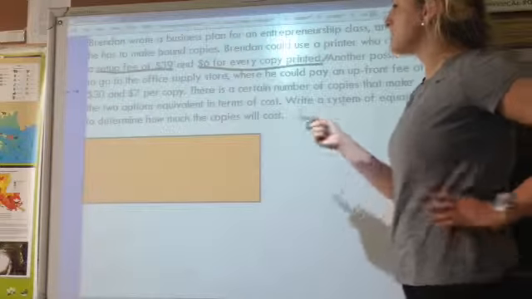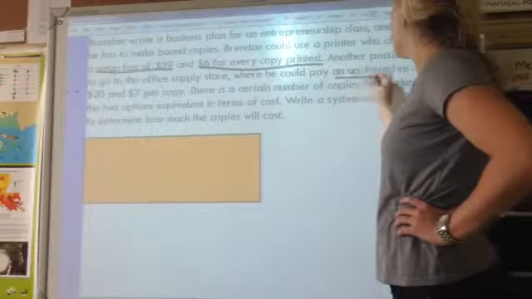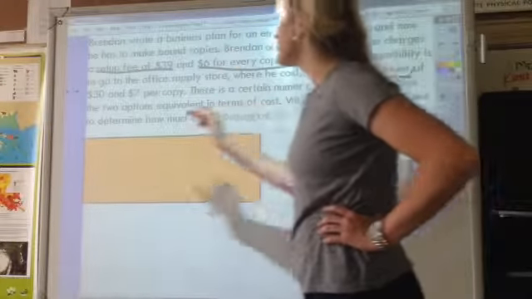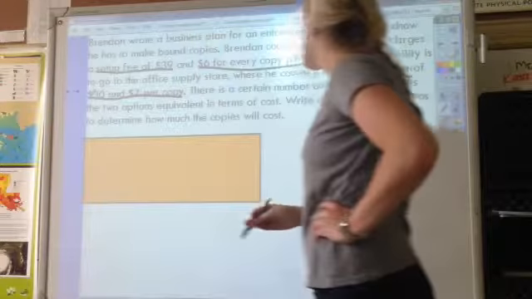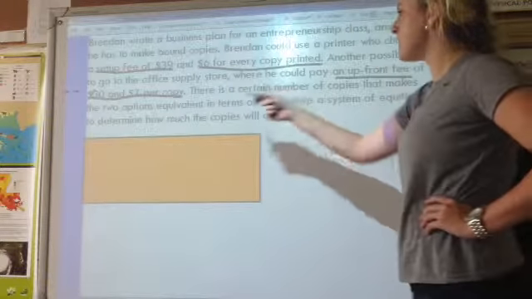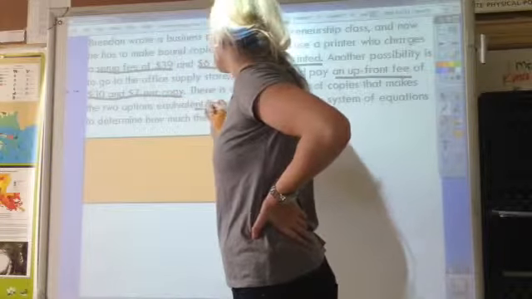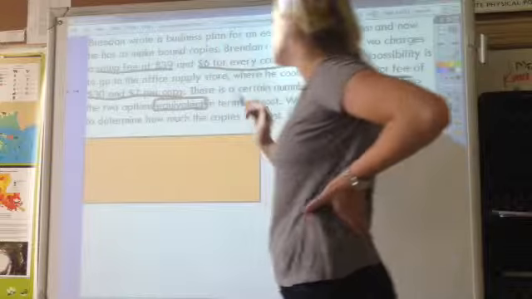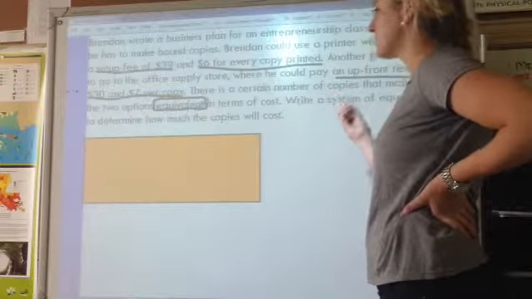Another possibility is to go to an office supply store where he could pay an upfront fee, which means a one-time fee, of $30 and $7 per copy. I'm going to underline all of that. There's a certain number of copies that makes the two options equivalent in terms of cost. And remember, equivalent, I'm going to put a box around that. Equivalent just means equal. Write a systems of equations to determine how much the copies will cost.